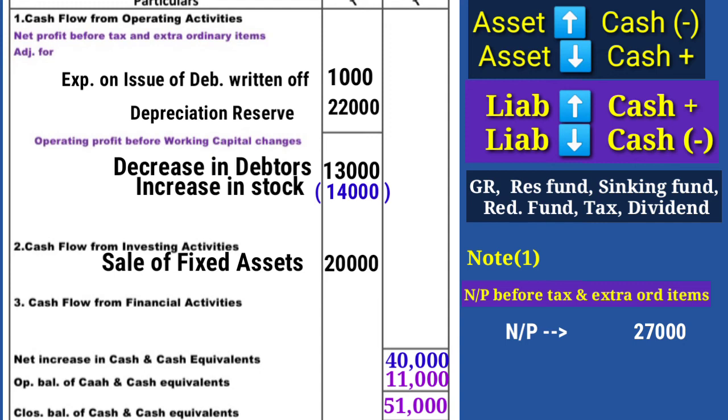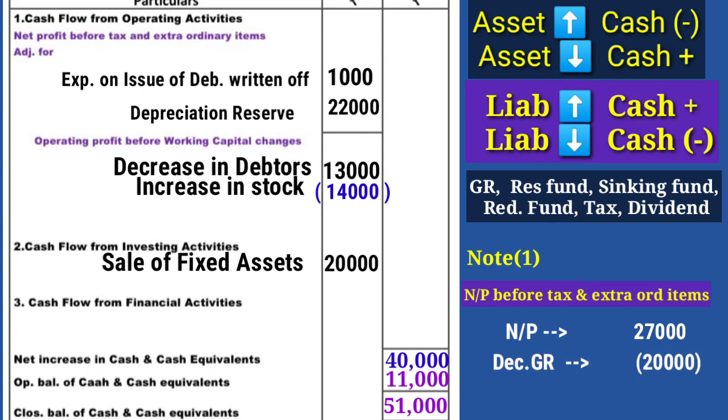That is the golden rule. Here general reserve 2011 is 60,000 and 2012 is 40,000. 20,000 is decreased, so we need to subtract. So this general reserve we will write in note 1. Decrease in general reserve, minus 20,000.